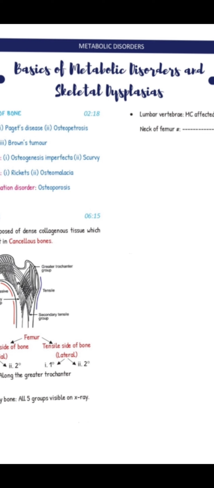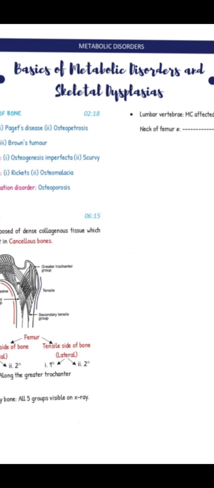Look at this picture. We will know more detail about these disorders later when we do the separate topic. So what is trabeculae? These are composed of dense collagenous tissue, which are present in cancellous bone.